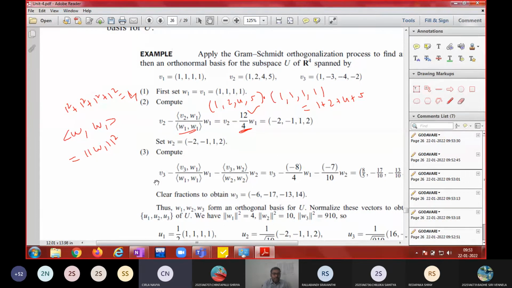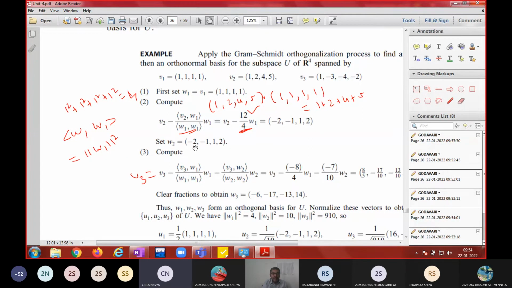Once you have W2, how do you find W3? W3 is nothing but V3 minus the inner product of V3 with W1 divided by the inner product of W1 with W1, times W1, minus the dot product of V3 with W2 divided by the square of the magnitude of W2, times W2. So V3 is this vector minus the dot product of V3 with W1, which is V1, divided by the square of the magnitude of W1, minus the dot product of V3 with W2.